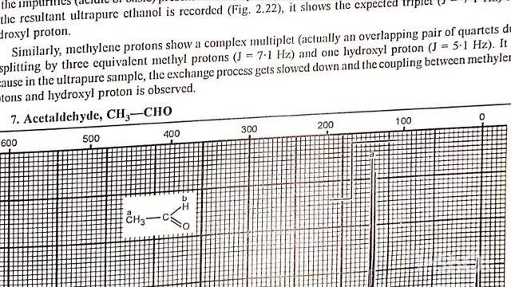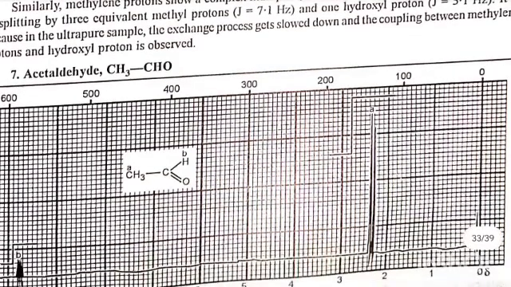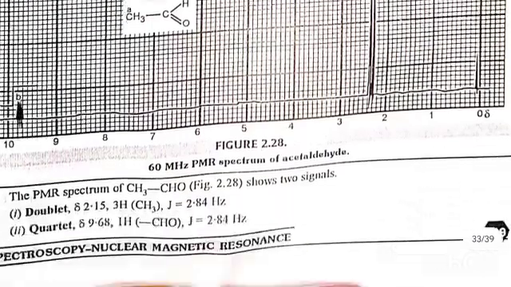Similarly, the methylene proton shows a complex multiplet, actually an overlapping pair of quartets, due to splitting by three equivalent methyl protons, J equal to 7.1 Hz, and one hydroxyl proton, J equal to 5.1 Hz. It is because in the ultra-pure sample the exchange process gets slowed down and the coupling between methylene protons and the hydroxyl proton is observed.